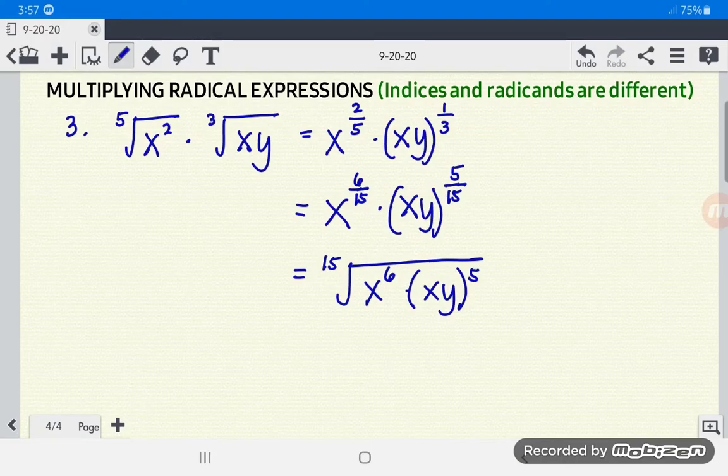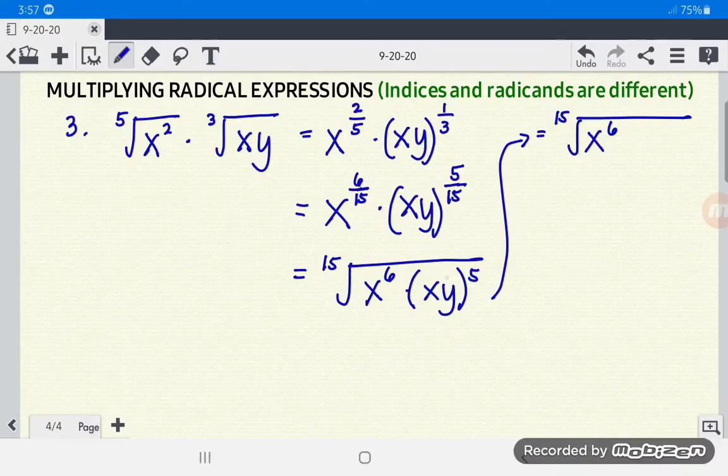Then this is now equal to the 15th root of x raised to 6. Using the power of a product law of exponents, we have x raised to the 5th power and y raised to the 5th power.